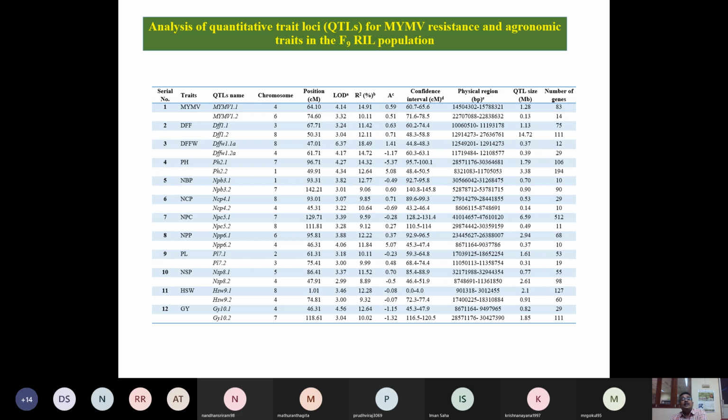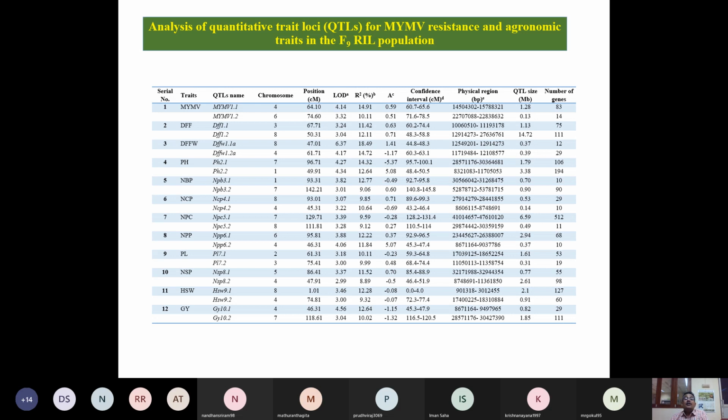Again, for the position of this QTL, there are two things we can look at. What is the genetic position, that is, the centimorgan distance? In this case, around 64.1 centimorgan on chromosome 4. When you look at any genome browser, such as the Vigna genome browser, you can go to chromosome 4 and find the reference genome region where the QTL is located.